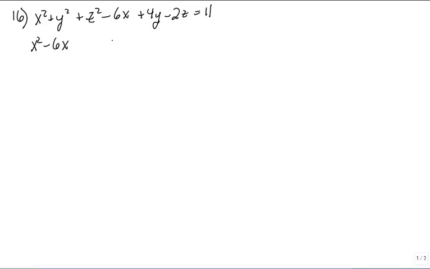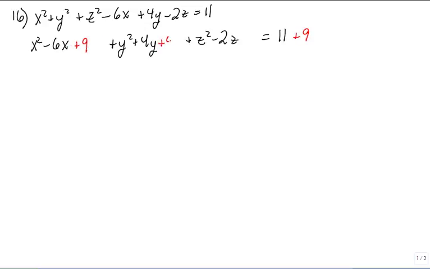Okay, let's look at 16. We get x squared plus y squared plus z squared. Okay, we want to complete the square, so we put the x's together, the y's together, and the z's together. So here we're going to half of 6, we're going to add 9, so we add 9 here.